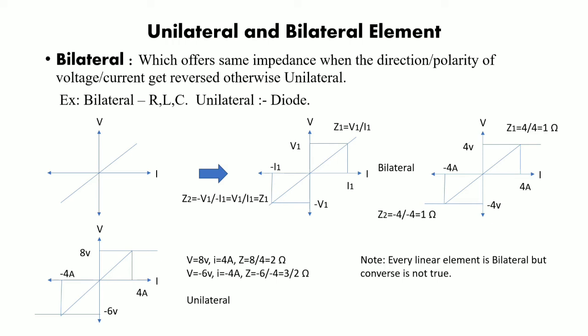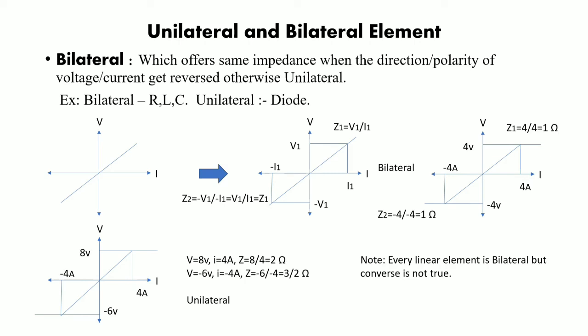Now see in third quadrant, at V equal to minus 4 volt, I am getting current minus 4 ampere. So Z2 is equal to minus 4 upon minus 4 is equal to 1 ohm. So after reversing the voltage I am getting the same value of impedance. So this is also a bilateral element.